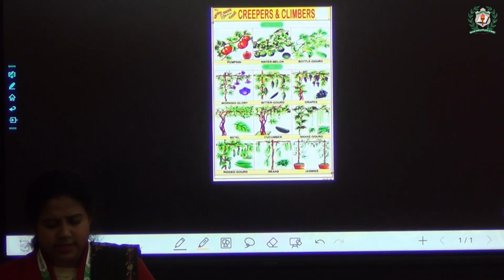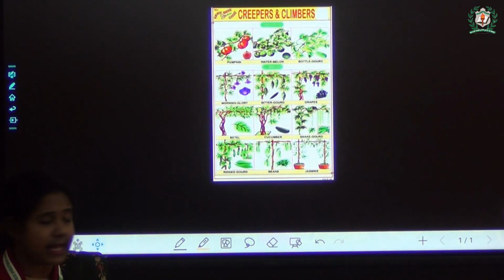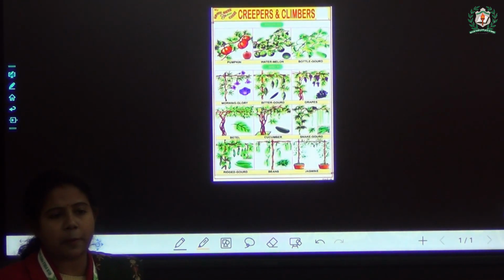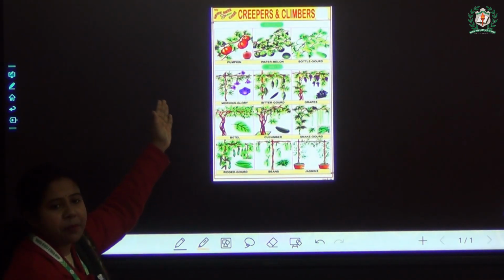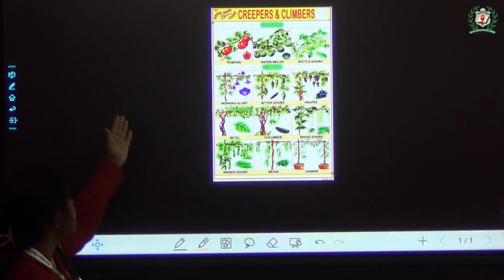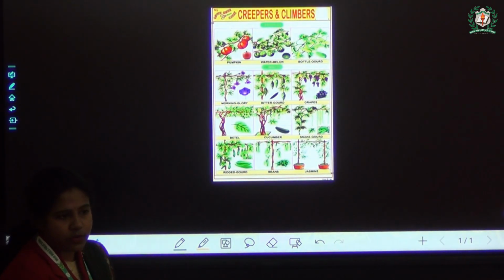So some plants have weak stems, but they can grow by themselves along the ground. These particular plants are known as creepers. The very common examples of creepers are pumpkin, watermelon, bottle gourd.